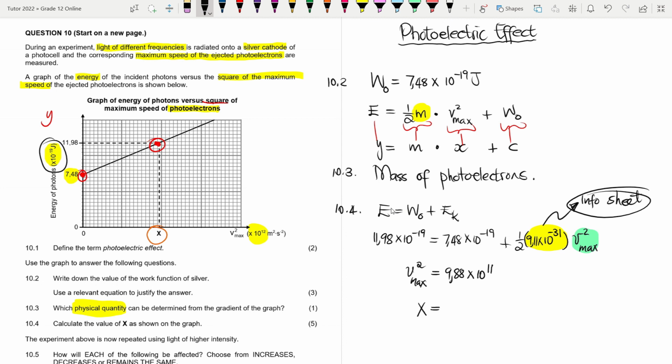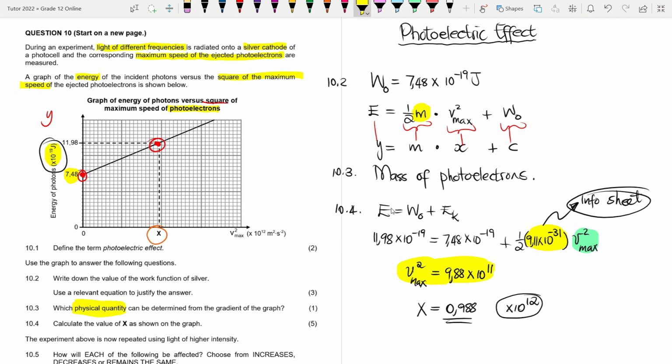Very good. So 0.988, just move the decimal over, then we get times 10 to the power 12, which is the factor here. So our x is just this value. Very nice. Can we explain how we got the x? Okay, do you understand this part here? Yes. Okay, so this equation doesn't know what graph we have. So what we can only get from this equation is our v squared max.